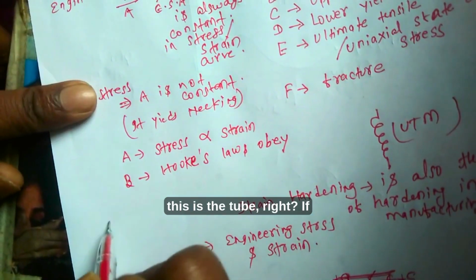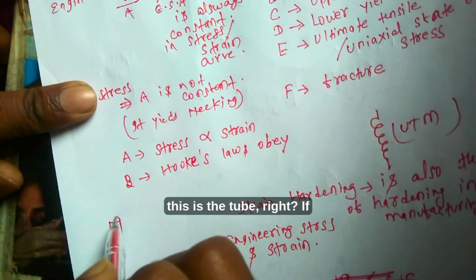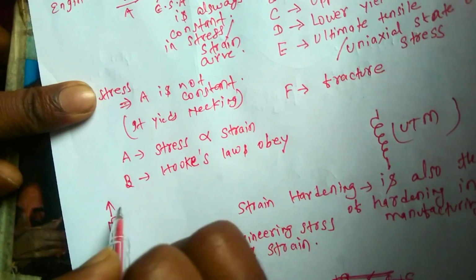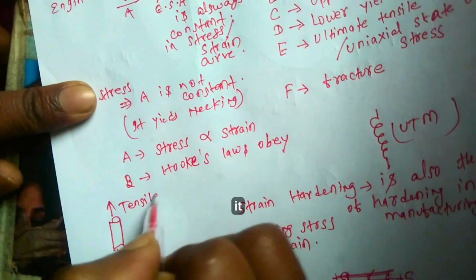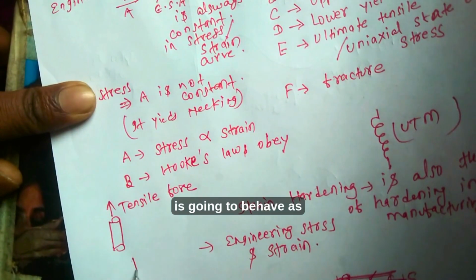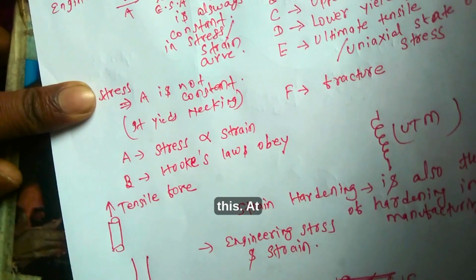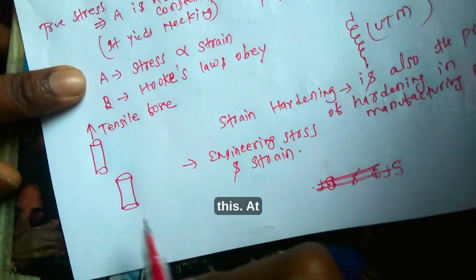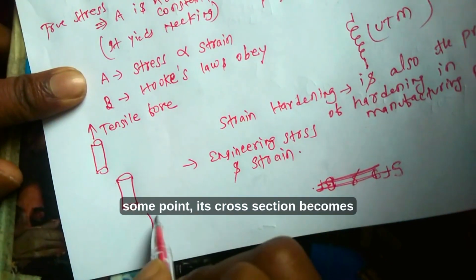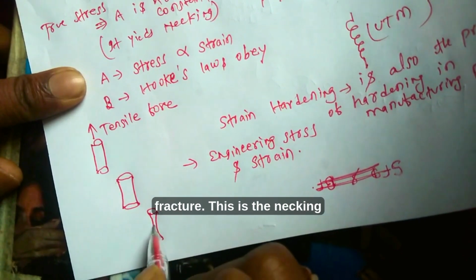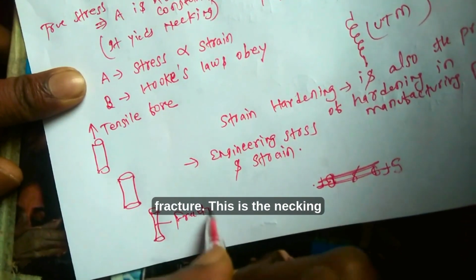See, this is the tube. If you apply tensile force, it is going to behave like this. At some point its cross section becomes very small and it fractures. This is the necking process.